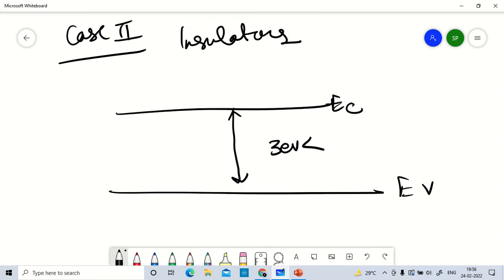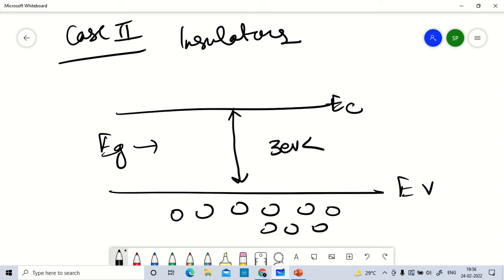Since this energy gap Eg, the gap between the two bands, the lowest level of the conduction band and the highest level of the valence band, is greater than 3 electron volts, even if we give the valence electrons energy, the distance is so high that they cannot possibly go to the conduction band.